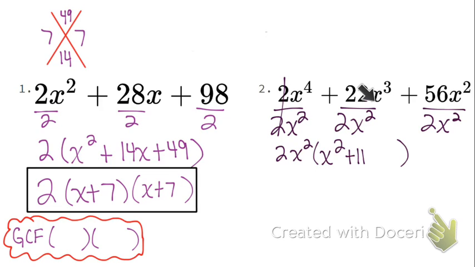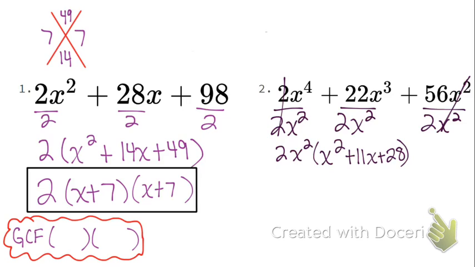Again, subtract your exponents, you would get x to the 1st, or just x. On the end, the x squareds cancel out completely, and 56 divided by 2 gives us 28. Okay, we factored out our GCF, so step 1 is done.